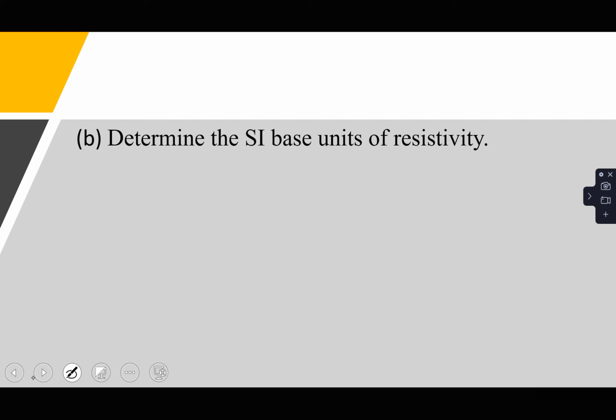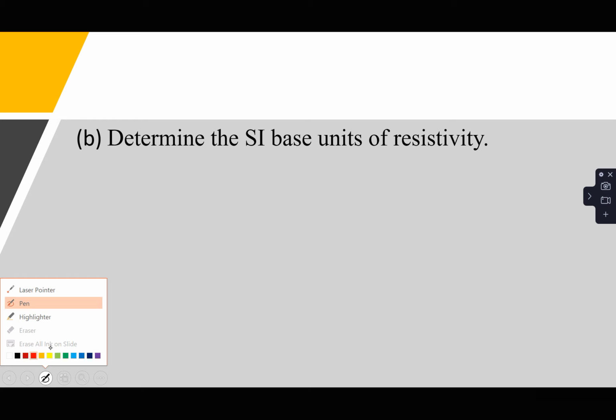Resistivity. I think this is the most complex question in deriving base units, but we can still find this easily. To begin with, I can use purple.